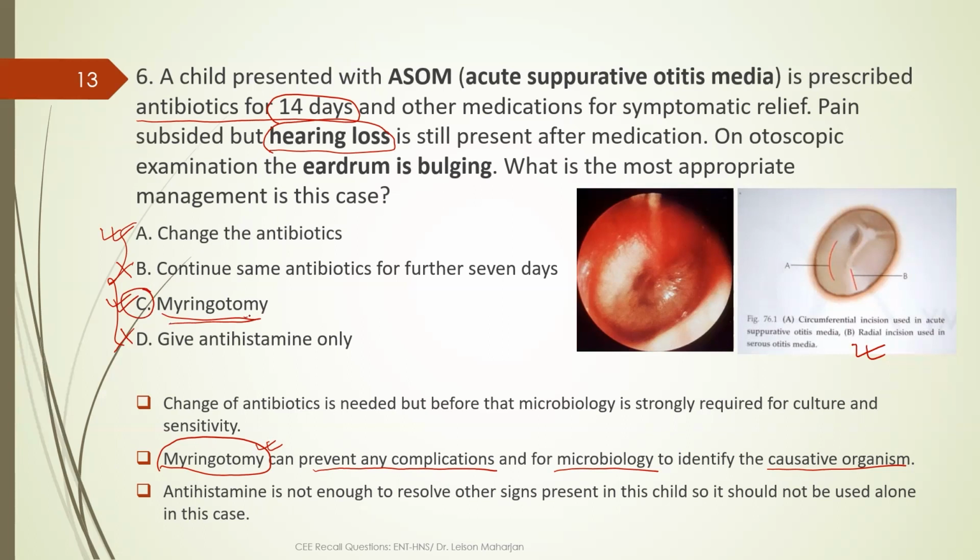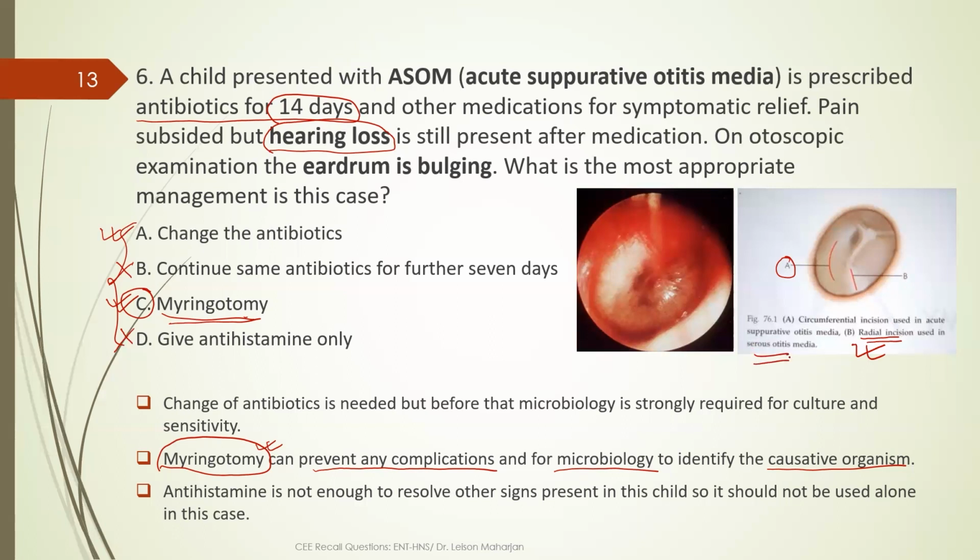There are other questions that can be made from this question as well. Like we can see in this picture on the right hand side, we can make a curvilinear incision in the tympanic membrane in case of acute otitis media, and we can make a linear or radial incision in case we have to insert the grommet for otitis media with effusion.